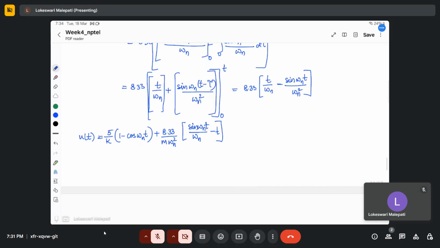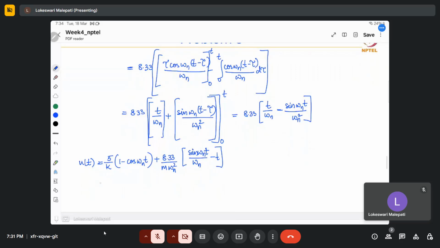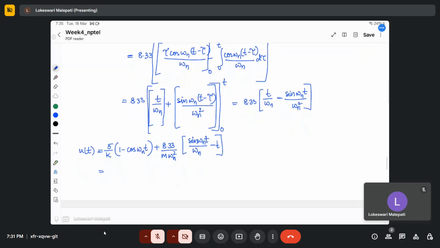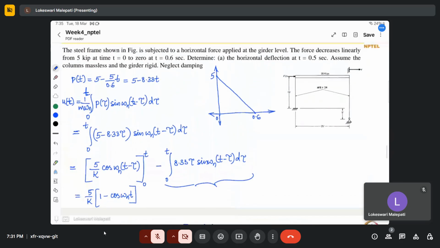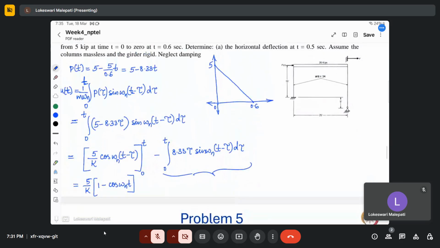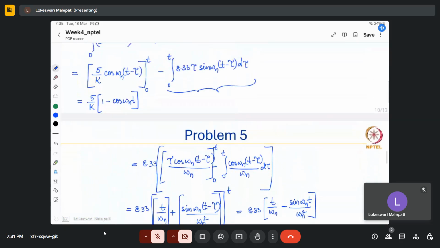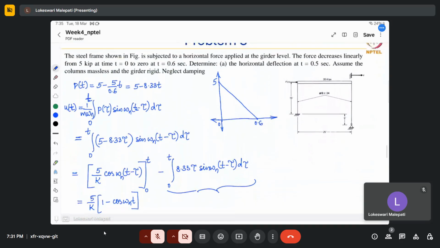So now we need to find the response, or the horizontal deflection, at a time t equal to 0.5 seconds.